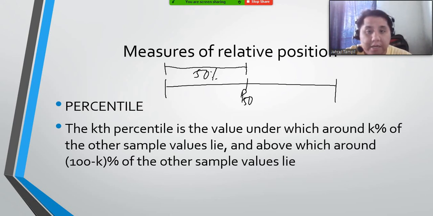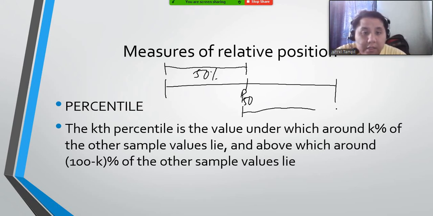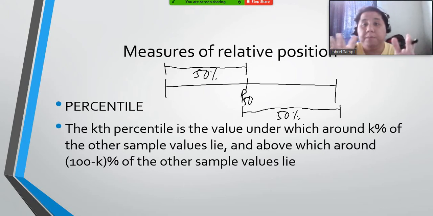And of course, if 50% is below it, the other 50% is above. And that percentile 50 belongs to the upper 50% because 50% is already below it. That's what the definition of percentile would mean.